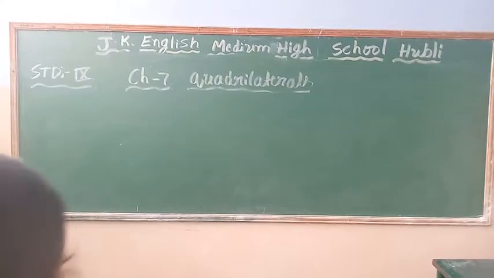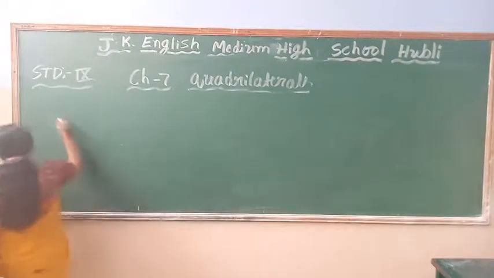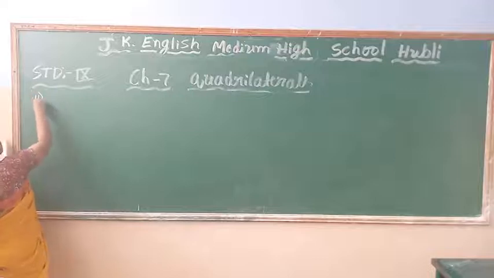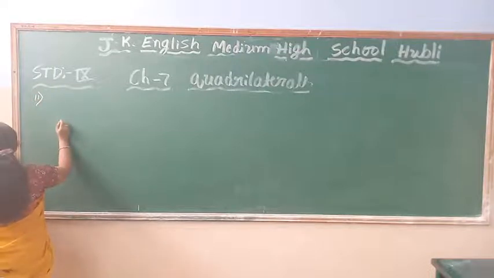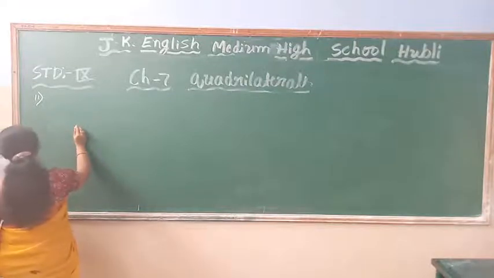Children, now the 11th question. See now, the 11th question is in triangle ABC and BF, they give two triangles.